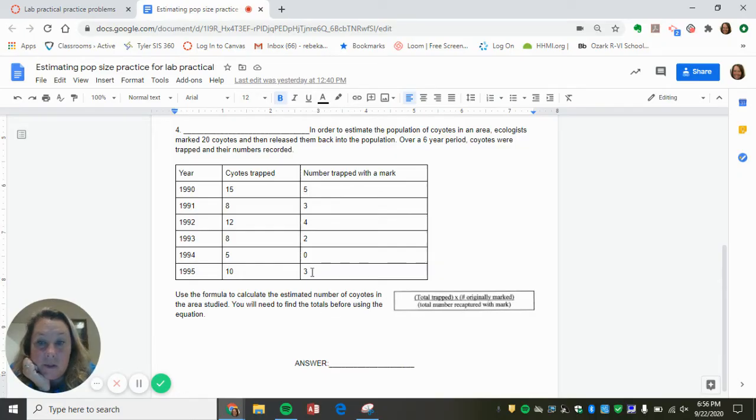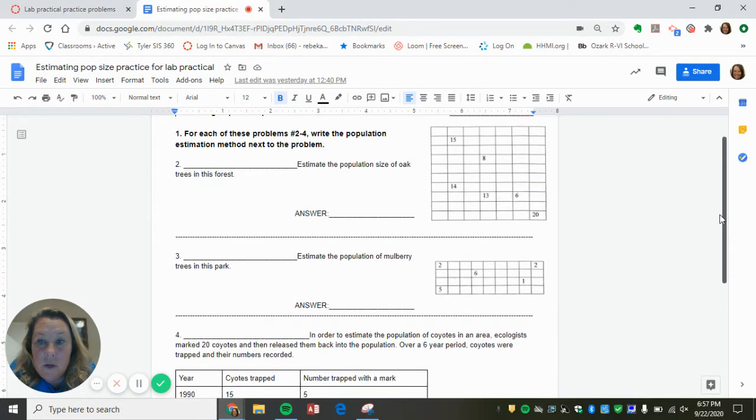Total trapped, that would be these numbers added together, times number originally marked, that would be 20, divided by total number recaptured with a mark, and that would be this number here when you add all these together. Make sure all of your answers have units. If this number is 25, don't just write 25. Write 25 what? Coyotes.